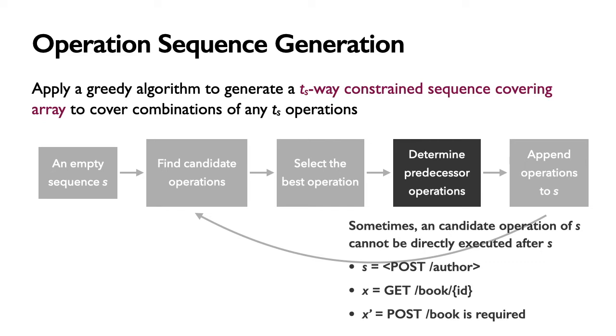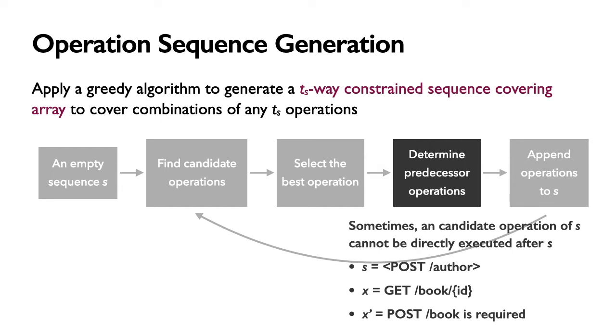Here, an operation being a candidate operation does not mean that this operation can be directly executed after the existing sequence. For example, the getBookID operation can be used to extend postAuthor, as this does not violate the constraint. However, getBookID cannot be directly executed because the book resource is yet to be created.